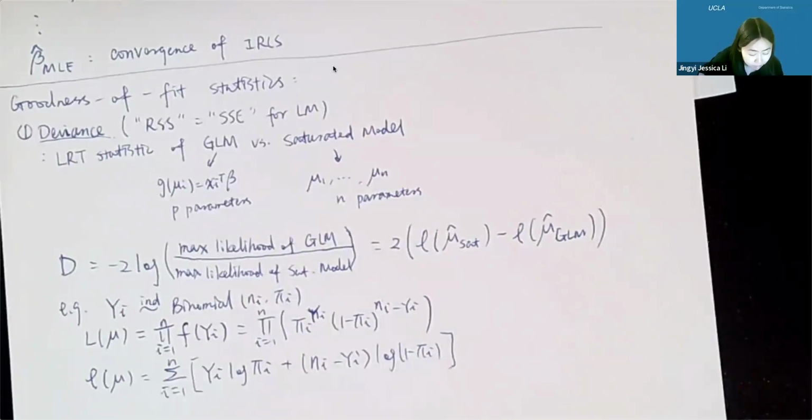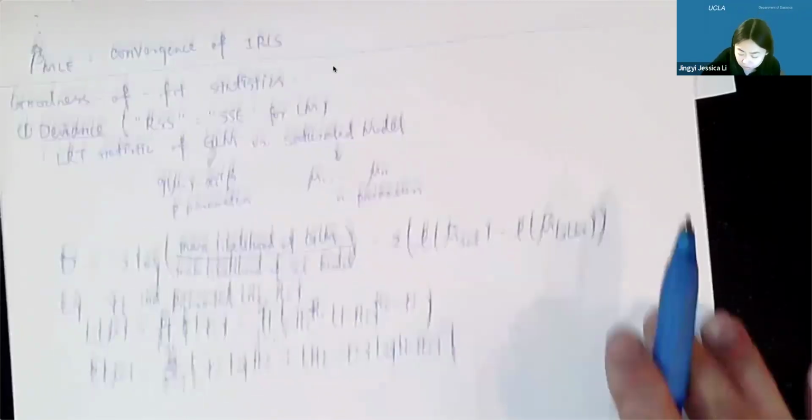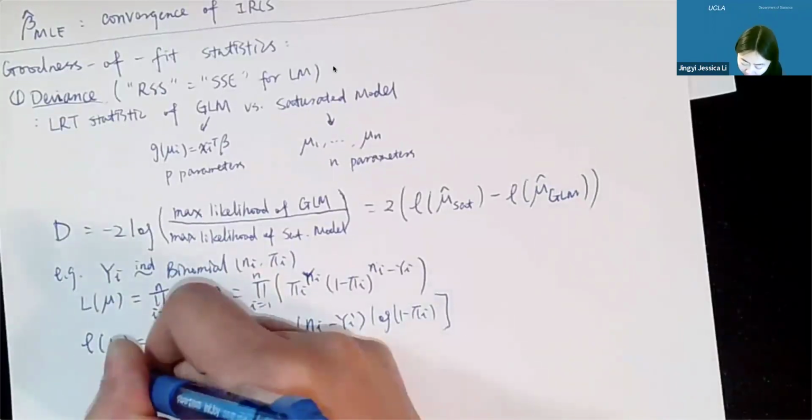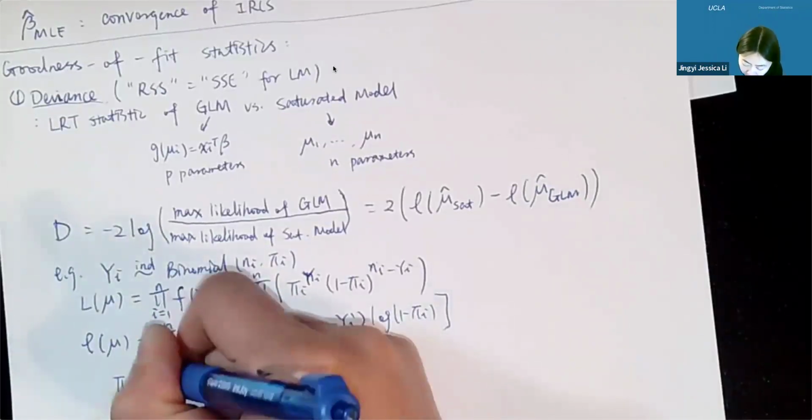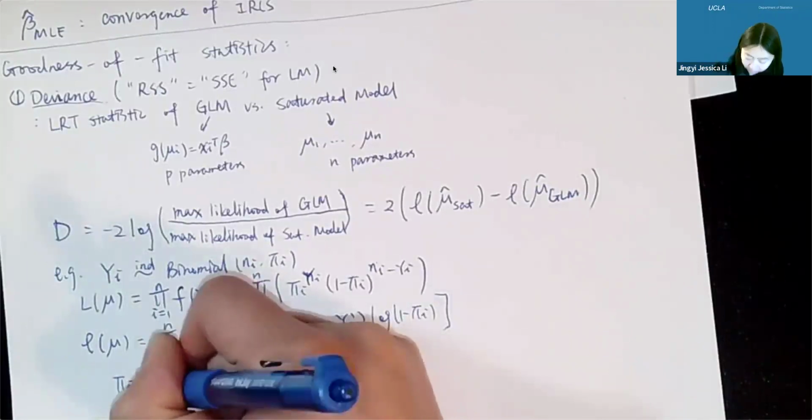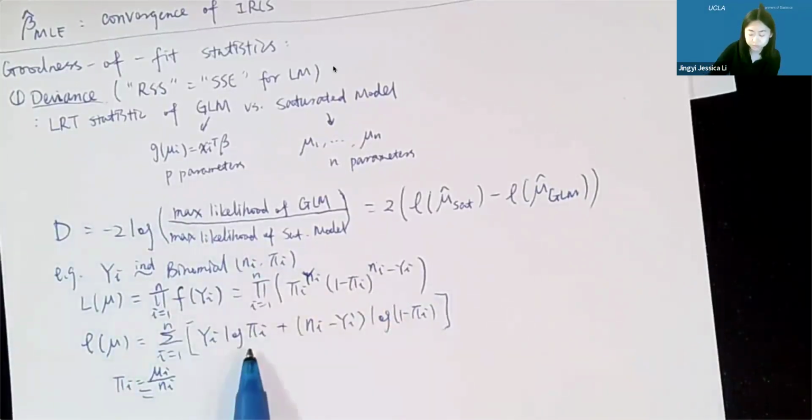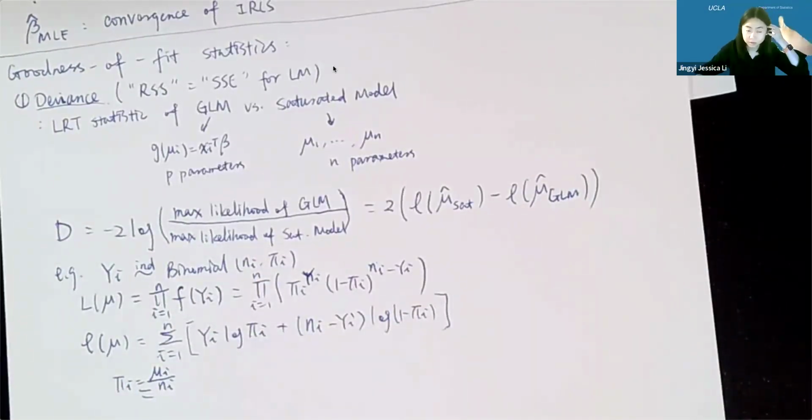And finally, if you want to introduce mu_i, you use the relationship that pi_i equals mu_i over ni, and replace everything inside with mu_i.